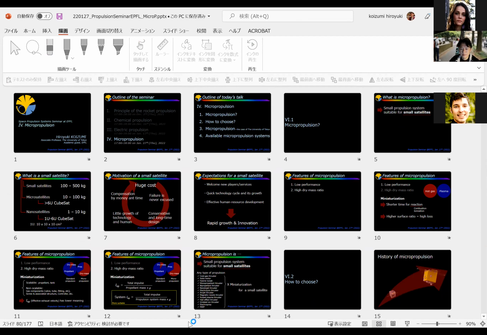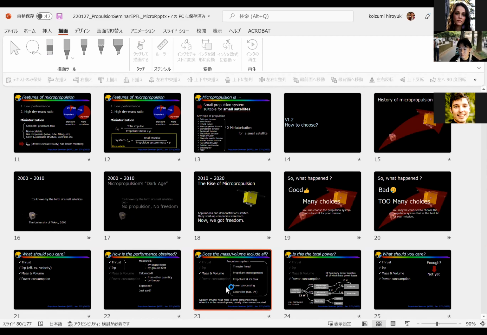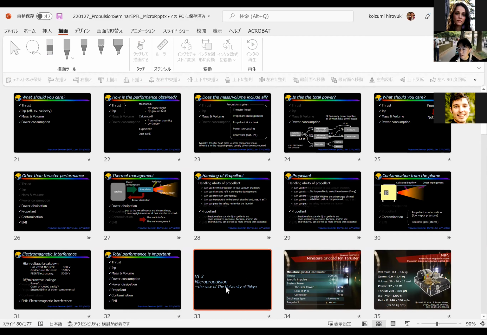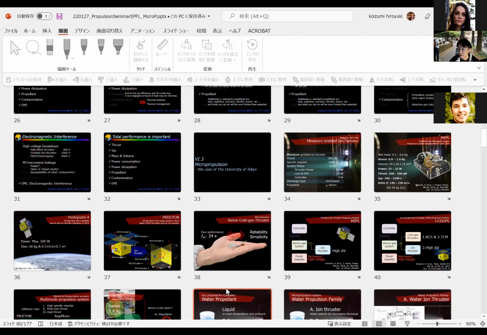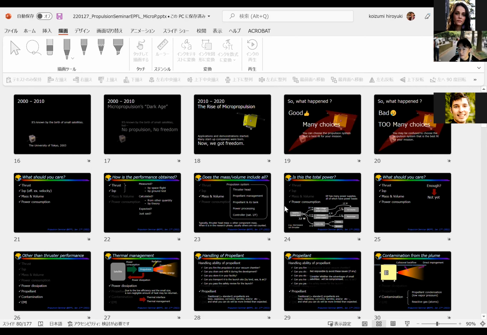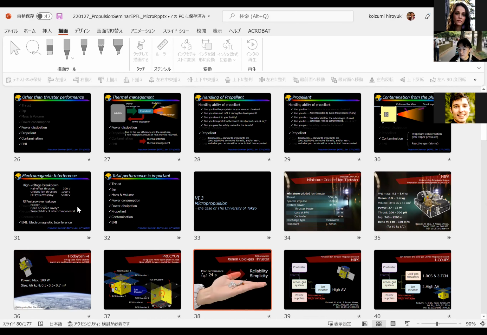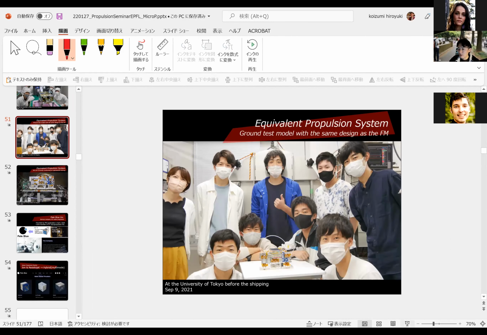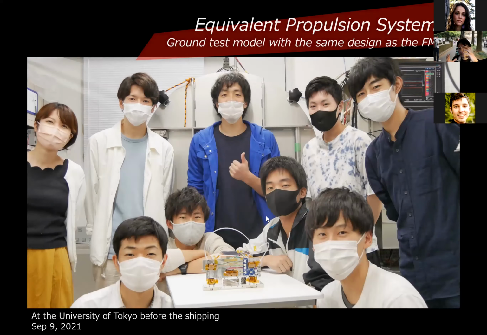You mentioned the equivalent propulsion system that your lab is working on for testing, but I didn't fully get what's behind it or what it is being used for. Yes, this one. We developed the same design propulsion system as the flight model propulsion system.